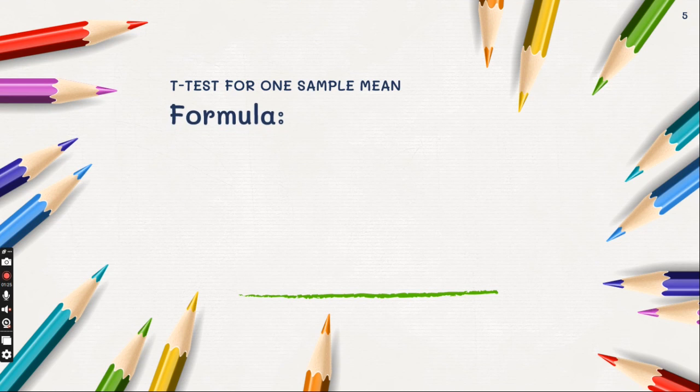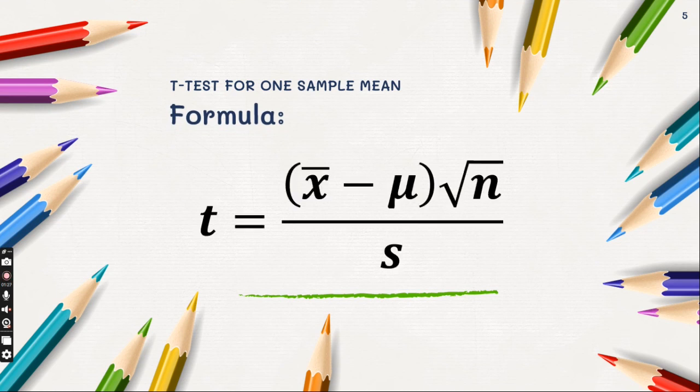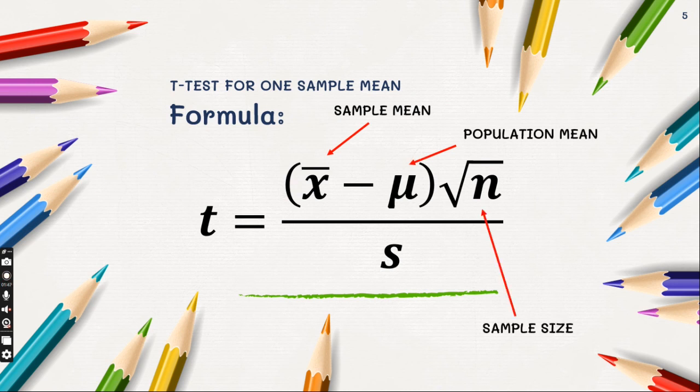So this is the formula for t-test for one sample mean. As you can notice, it has the same formula as the Z-test, but with S. X bar is our sample mean, mu is our population mean, n is our sample size, and S is our standard deviation.